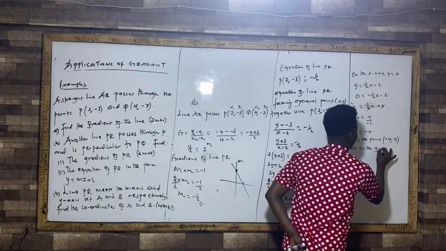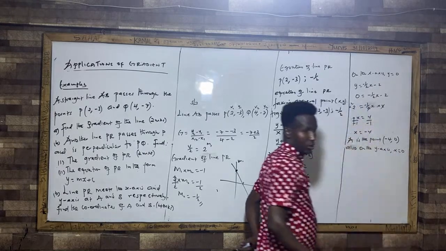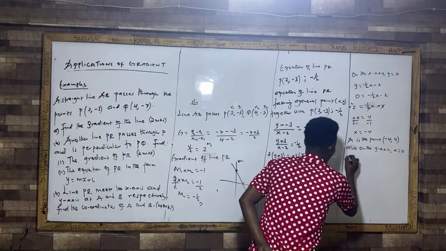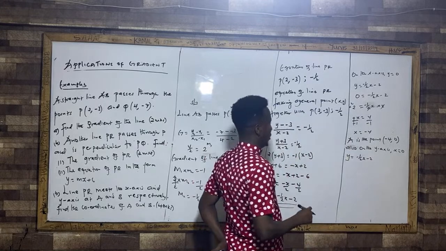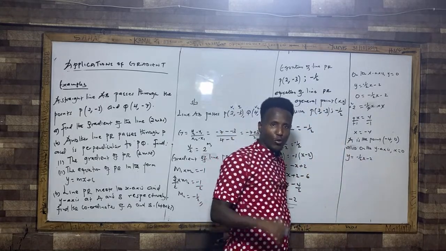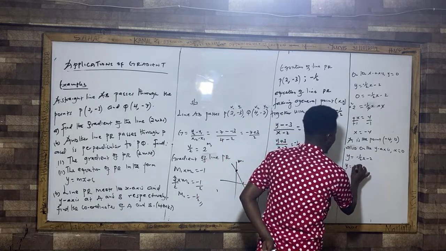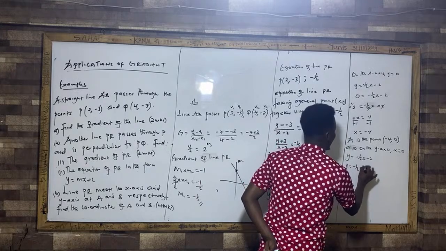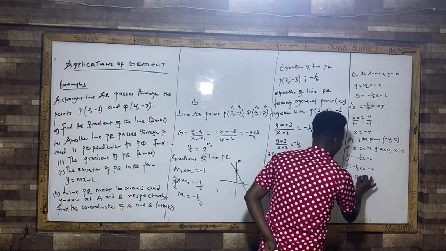Then you also say like this, also on the y-axis, x is equal to 0. Then take your equation. Your equation is what? Y is equal to negative half x minus 2. But you say on the y-axis, x is 0. So the position of x we are going to replace with what? 0. So you're going to say y is equal to negative half times 0, because you say x is 0, minus 2. So y is equal to 0 minus 2.